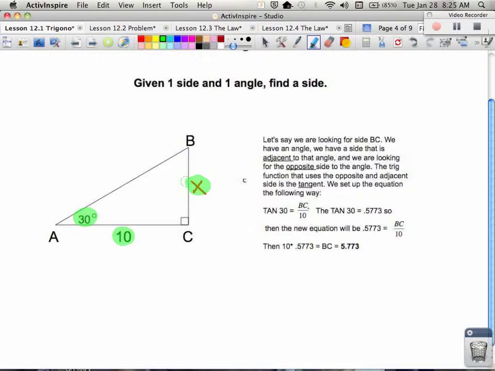So I have an angle involved, the opposite side, and the adjacent side, and when you're talking about an angle with an opposite and adjacent, this is the word tangent. So when I set up an equation to solve this, I would say that the tangent of 30 degrees is equal to the opposite side divided by the adjacent side.